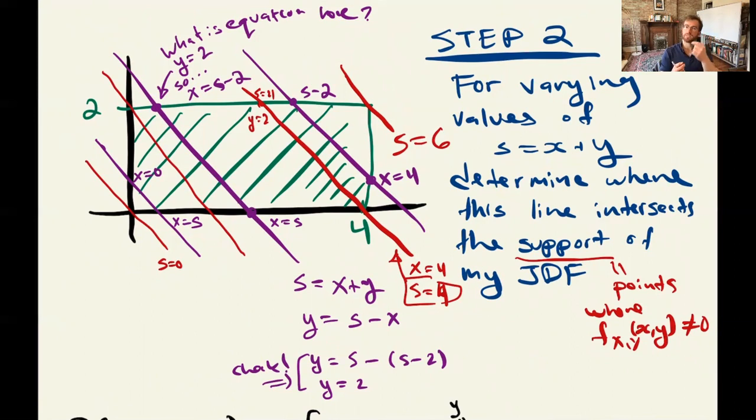Now, the probability that x plus y is equal to a given value is the same thing as the probability that y equals s minus x, which is, I take a line that looks like y equals s minus x, and I figure out what's the intersection of that line with the probability of possible values for x and y.